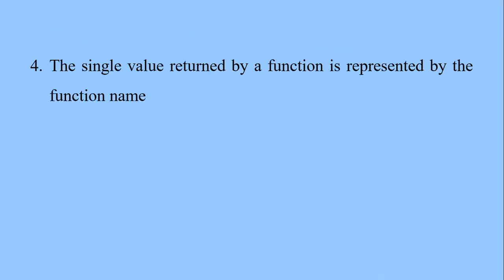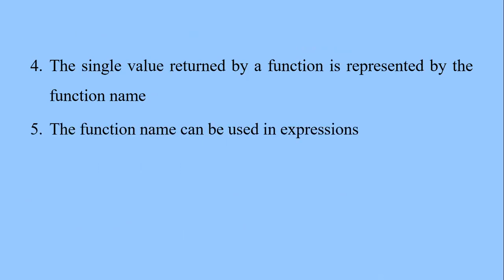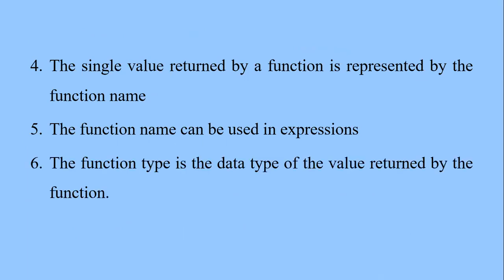Number four, the single value returned by a function is represented by the function name. Number five, the function name can be used in expressions. Number six, the function type is the data type of the value returned by the function. In other words, the value that is going to be returned by a function should match with the type under the declaration in the main function.